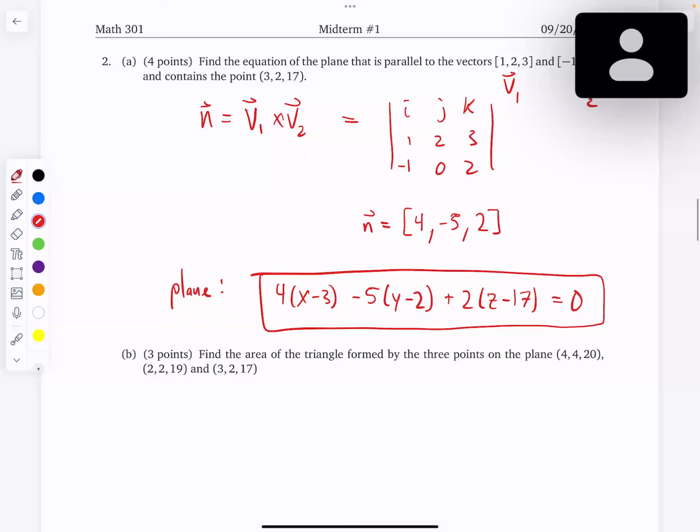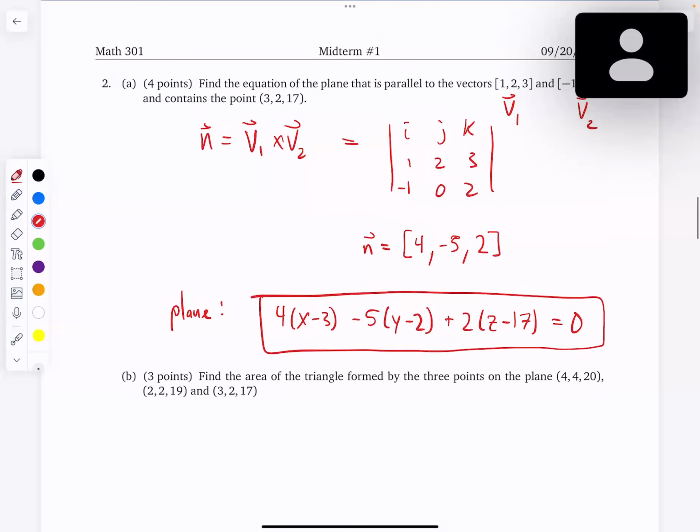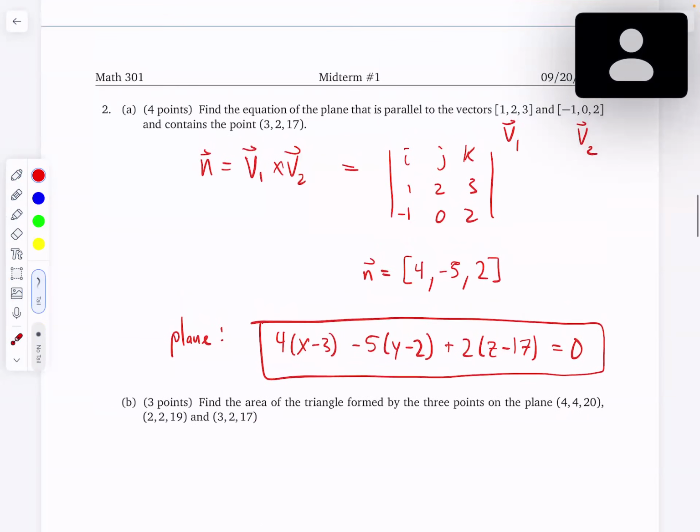Find the area of the triangle formed by the 3 points on the plane. So they give us 3 points on the plane. And the idea actually is that this point is the point we started with. And if you add these vectors to that point, you get that point and you get that point.